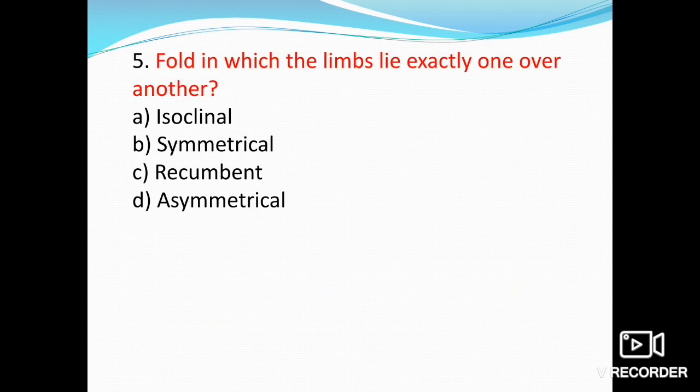Folds in which the limbs lie exactly one over another are known as, what are they called? Isoclinal, symmetrical, recumbent, or the asymmetrical.